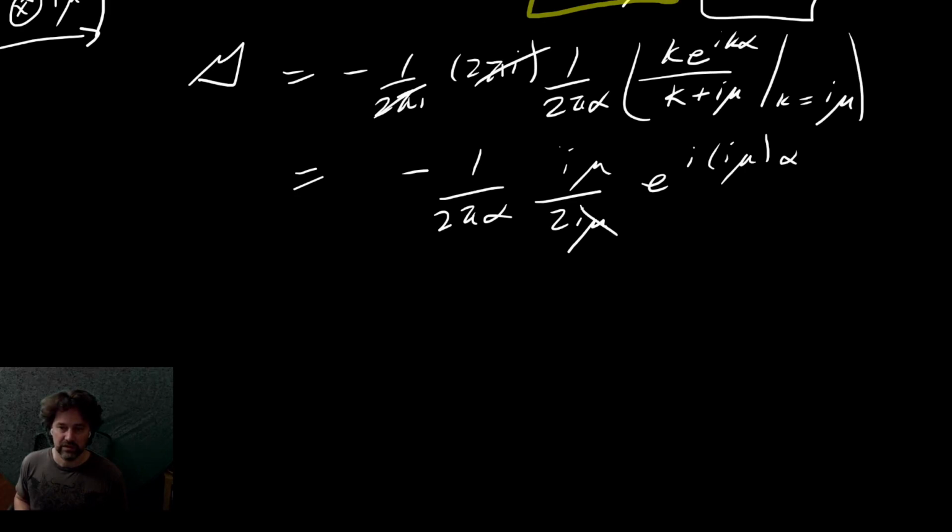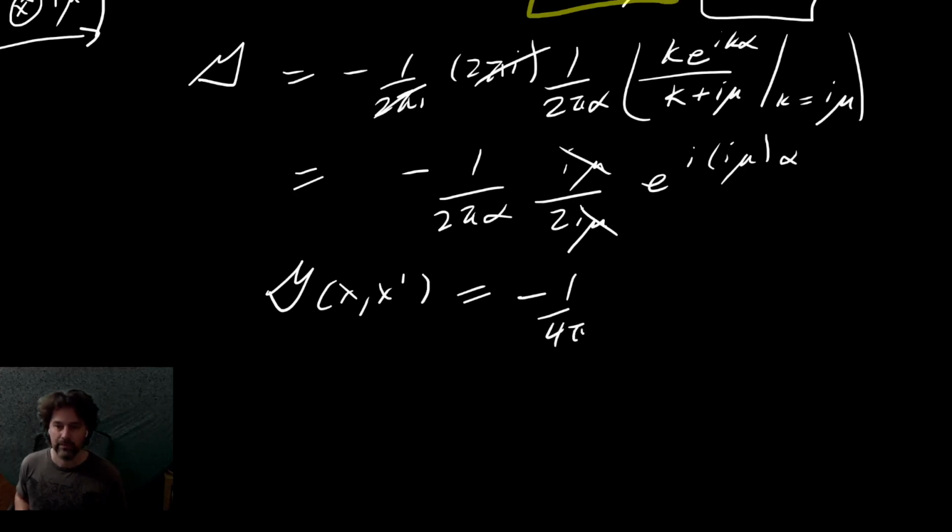The i mu's are killed. 2 pi alpha becomes 4 pi alpha, and e to the i squared mu alpha is e to the minus mu alpha. All right, so we're left with g of x, x prime equals minus 1 over 4 pi e to the minus mu absolute value of x minus x prime divided by absolute value of x minus x prime.